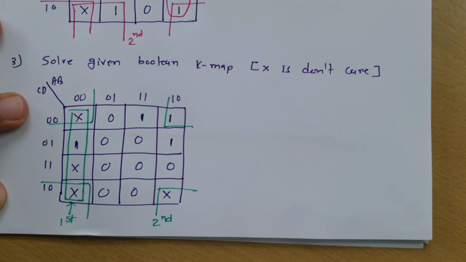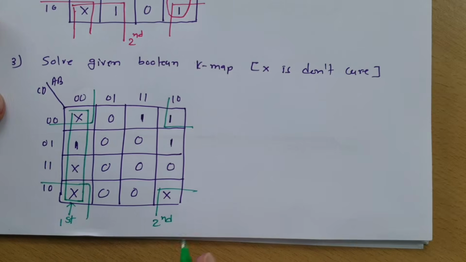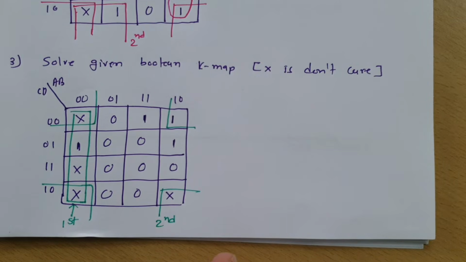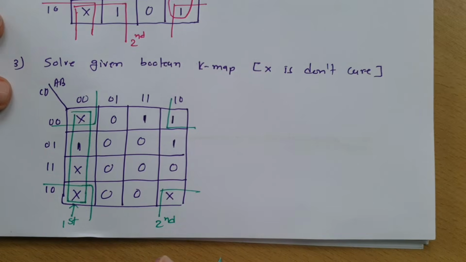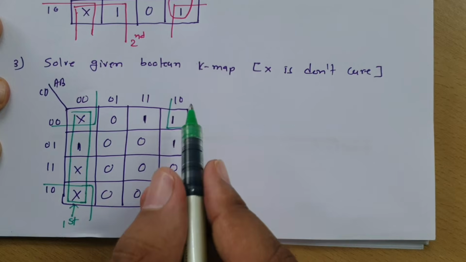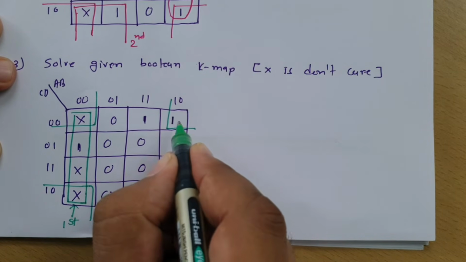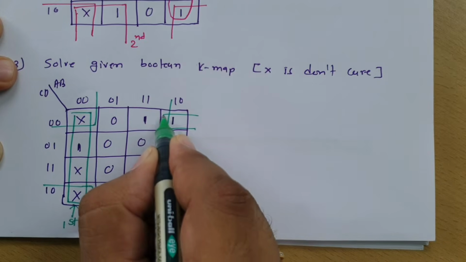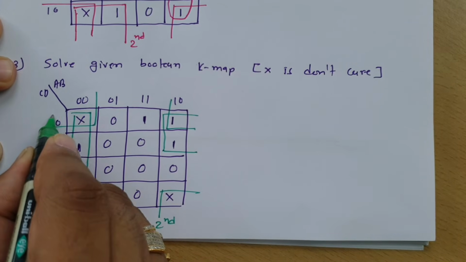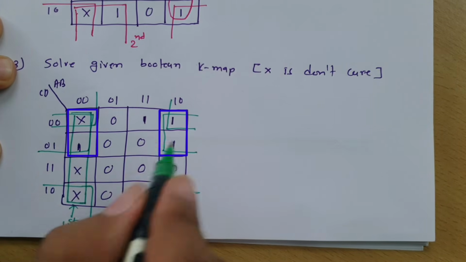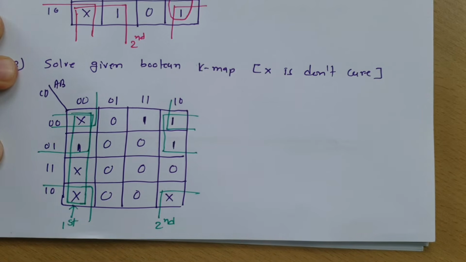Now if you observe here, there is a confusion, right? Why is there a confusion? The reason is, here I have considered 2 groups, right? And here if you consider this group, then you don't need to consider this first and second group.